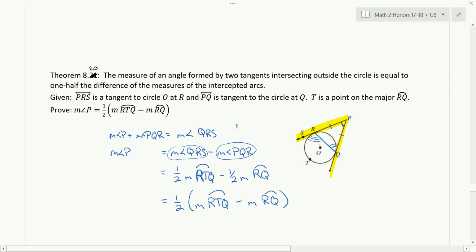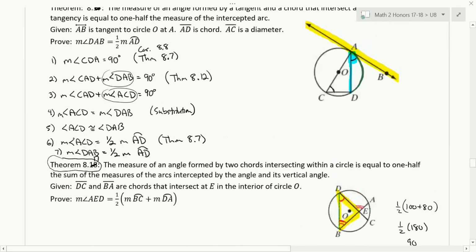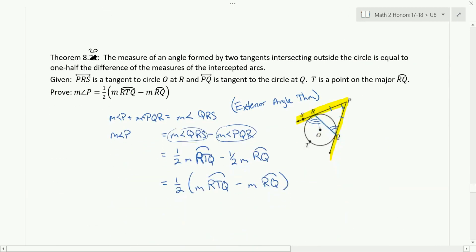So we use the exterior angle theorem here. And we used the first theorem we proved, which was theorem 8.16. And we got 5 different results about triangles here that we're adding to our collection of results.